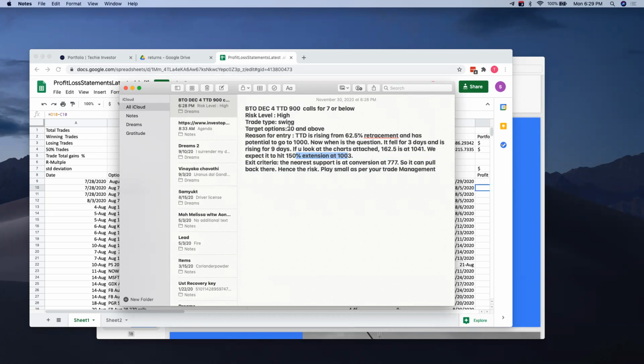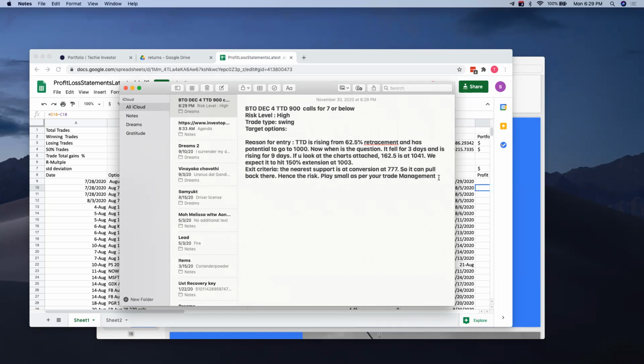Now, when you see here, I gave the target options 20 and above, right? You see that, Subharu? Yeah. So basically we said, okay, we are going to look for a target of 20. That means 3 times, 3R basically. Then today, we alert people saying, hey, it has reached 50%.